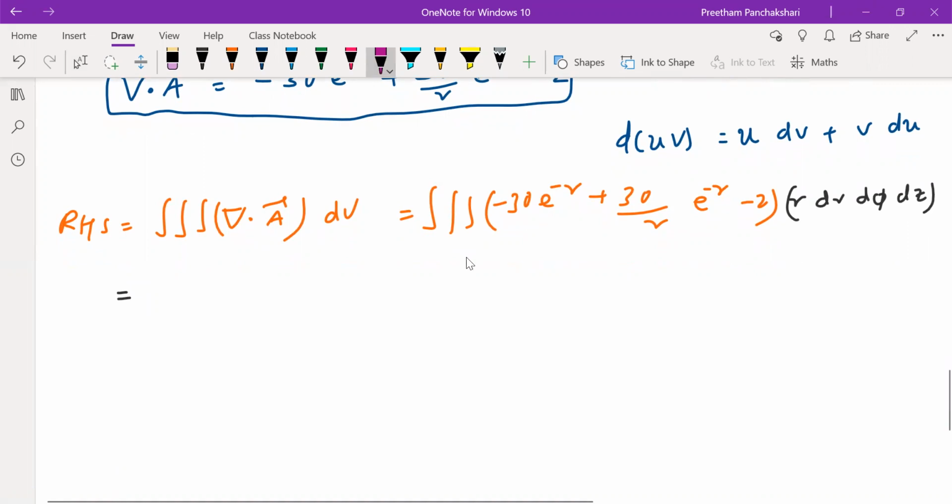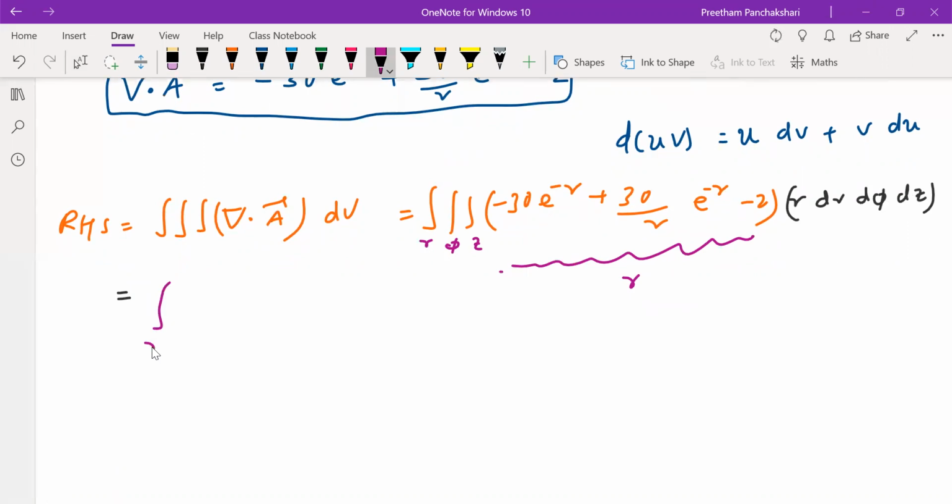The next is the triple integral with respect to r, phi, z, you know that. So we can separate the terms. The first term completely includes the r variable. So the first integral, let it be with r, it's minus 30 into exponential term plus 30 by r into exponential minus 2, into r into dr. This makes the first integral.